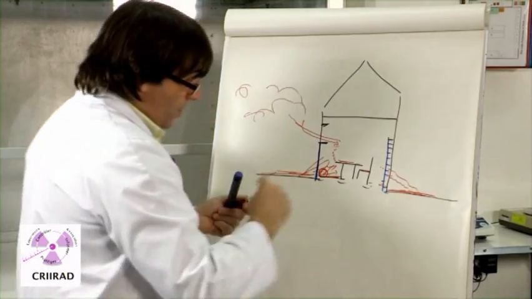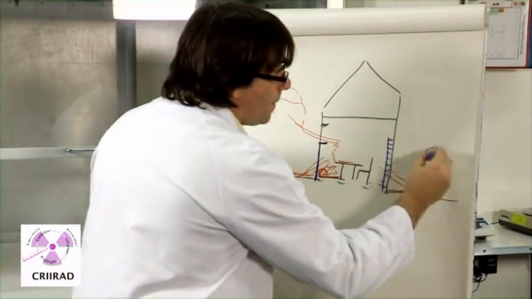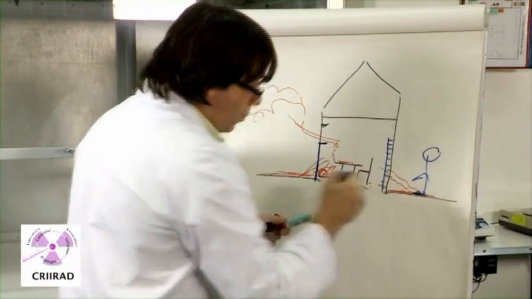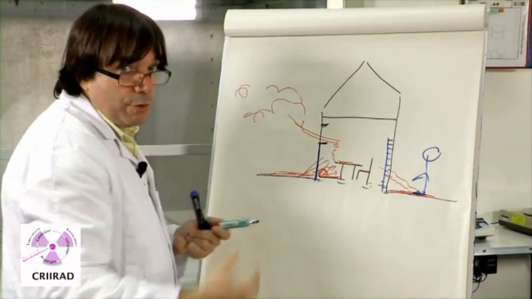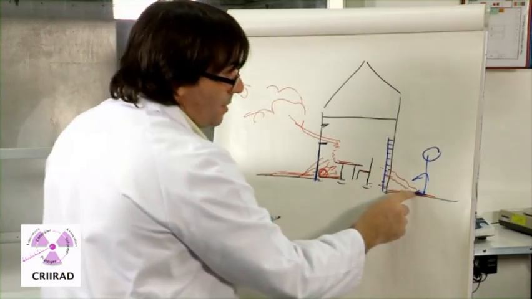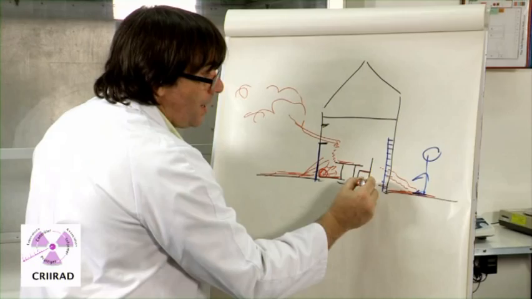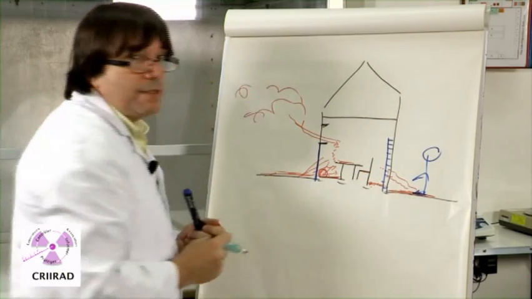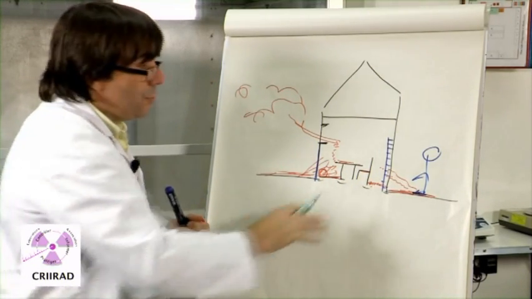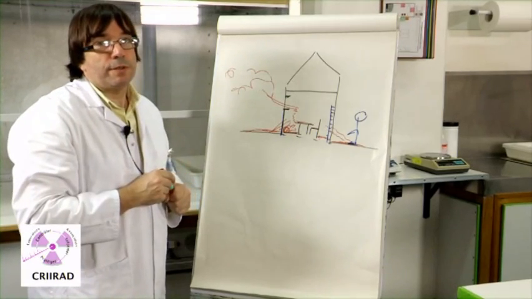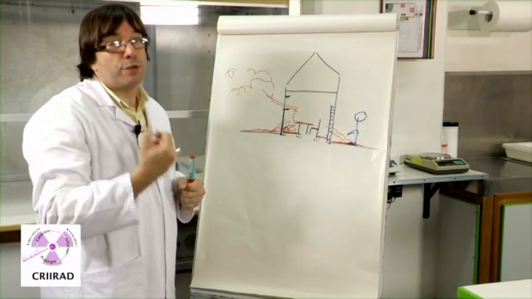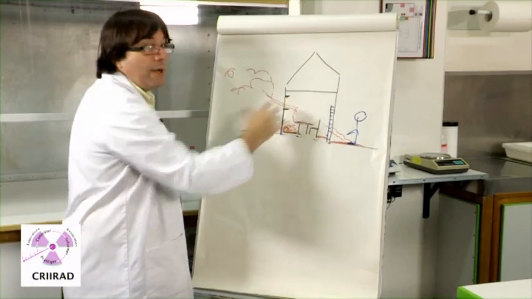Yourself, when you were walking outside, you probably got some particles on your shoes, and then when you entered your house, you may have put some of those particles on the floor. I forgot another important source of radiation inside your house.